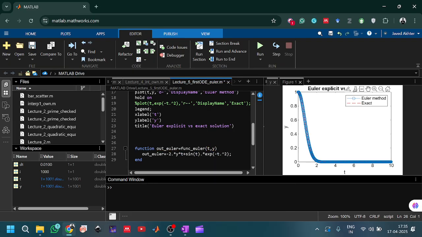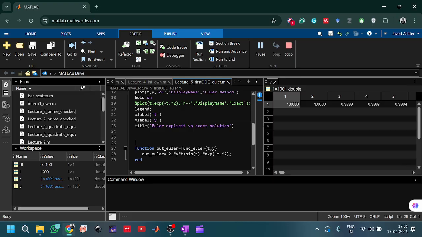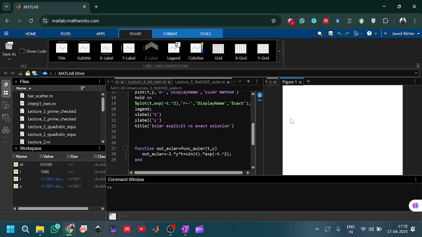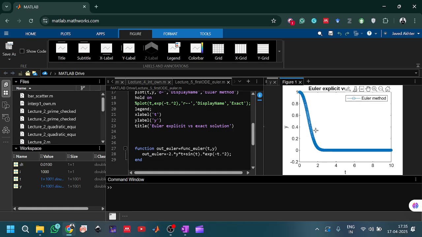Any kind of complex function you want to create, you can create here. Whatever the function is, you will roughly get the idea of how your solution will vary with changing time.